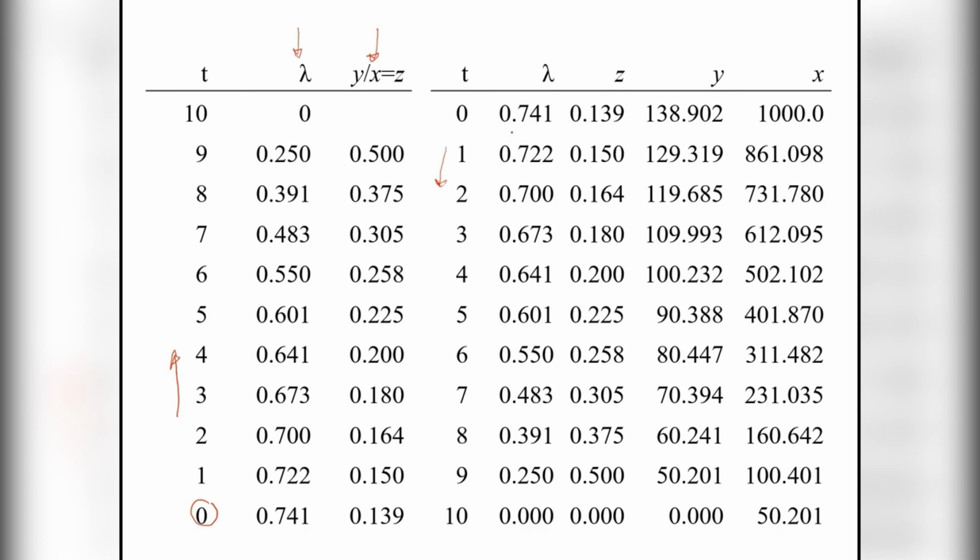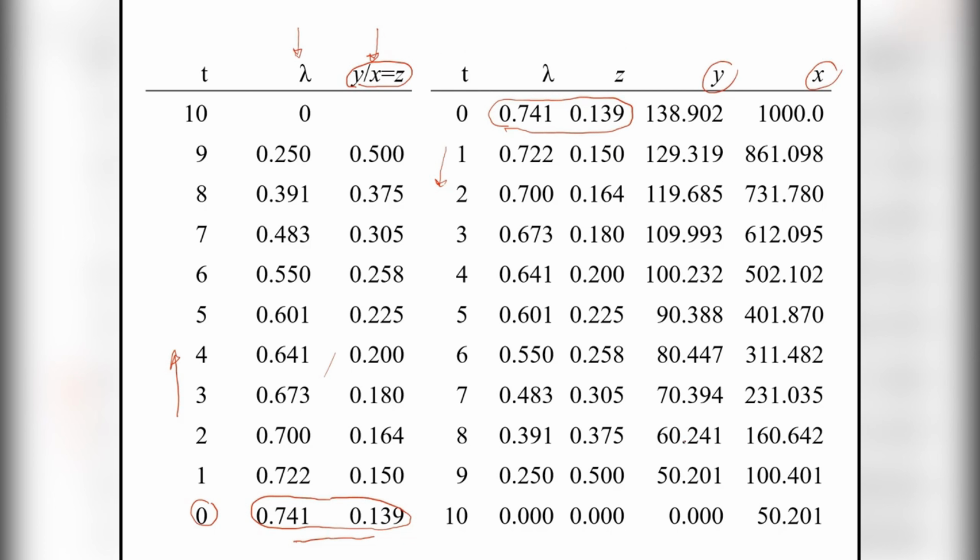So in other words, these two values here are simply given by these two values here, and so on as we move up in these two columns along here. And from that we can use the result that y over x is z, and from that we can decompose z into y and x.